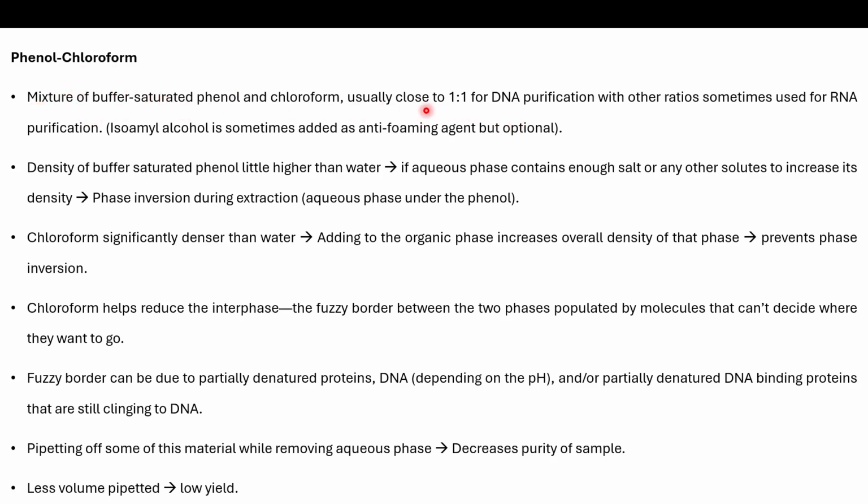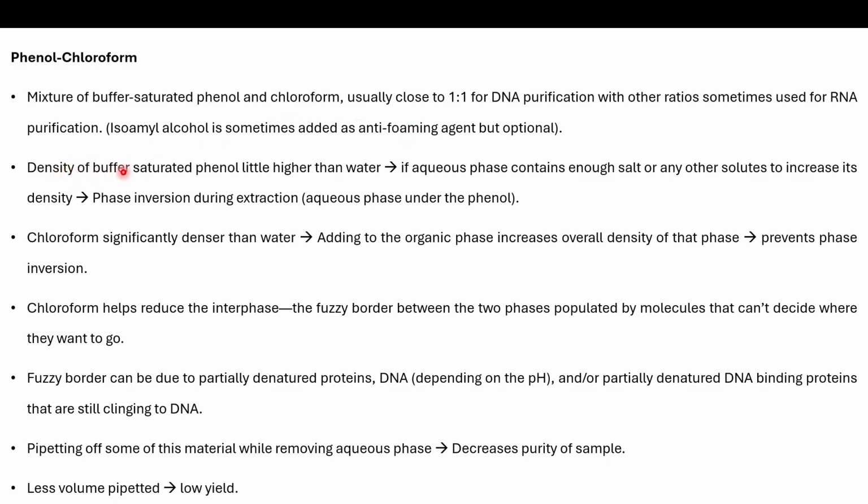Phenol and chloroform are usually used in a 1:1 ratio for DNA purification, with other ratios sometimes used for RNA purification. Many times isoamyl alcohol is also used as an antifoaming agent, but it is usually optional. But definitely phenol and chloroform are there.